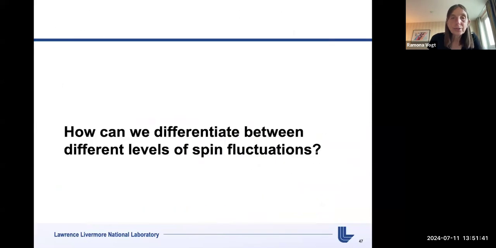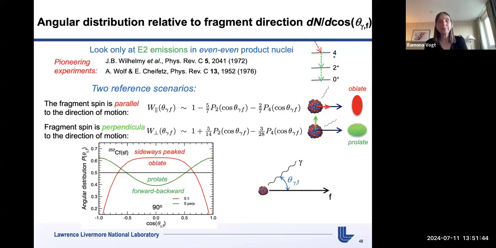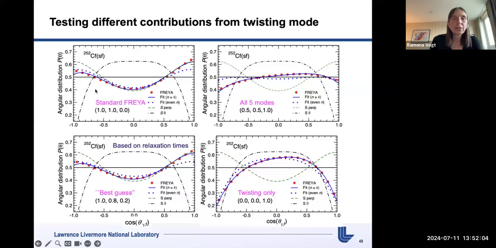So going back up here, we can test the different levels of twisting by seeing how much this oblate versus prolate changes as you change the amount of twisting. In the standard calculation for californium, you get something that looks like this, which is very much the prolate type. If you take the best guess based on the relaxation times, then you get something very similar.